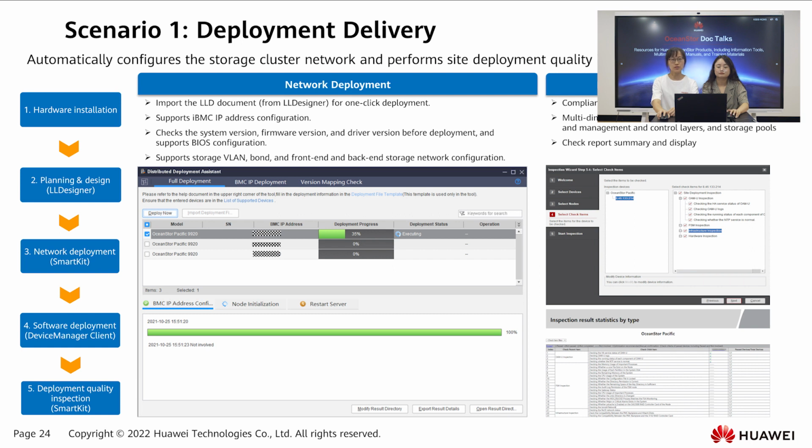Based on the actual delivery situation, the tool supports independent BMC IP address configuration and one-click BMC IP address and storage network configuration. After the storage cluster is deployed, use the tool to perform deployment, quality inspection, and check the storage configuration compliance and service status.